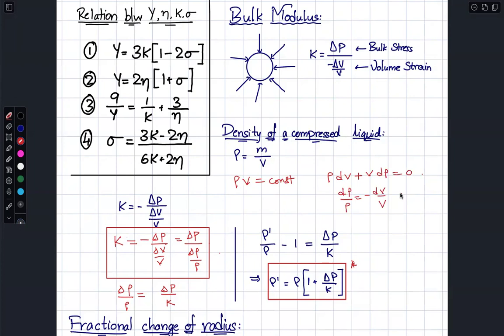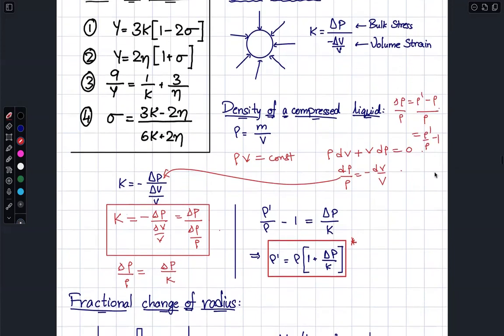Which I have substituted in our formula. This one I have substituted in the bulk modulus formula. Thereby I got delta rho by rho is delta P by K. This is a different term. Don't get confused. Also, what is delta rho? Final minus initial. Exactly what I have substituted there. Right?